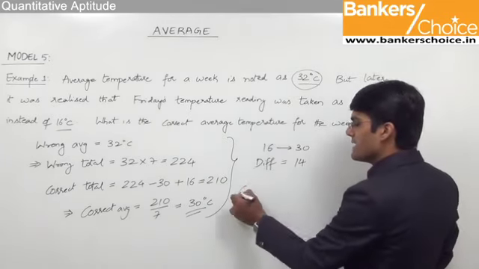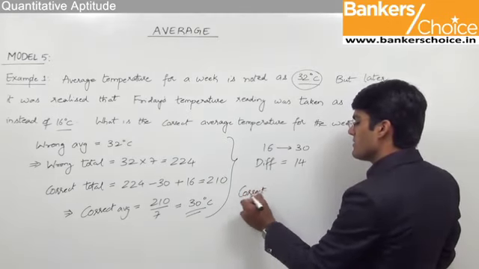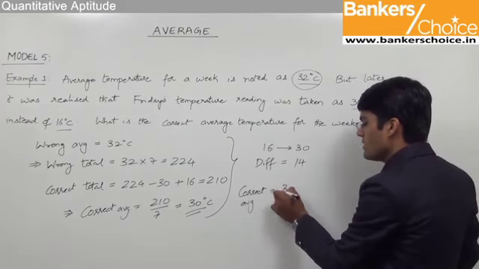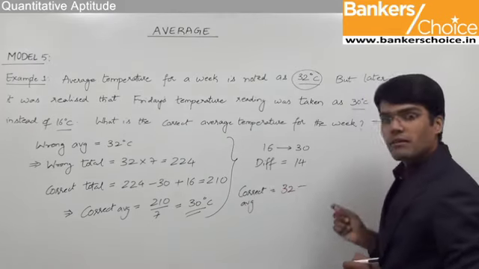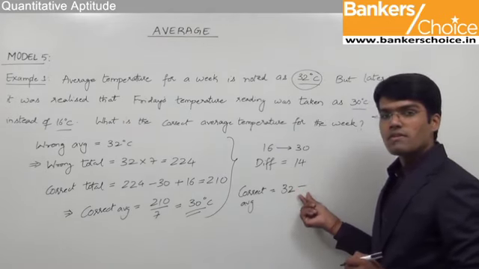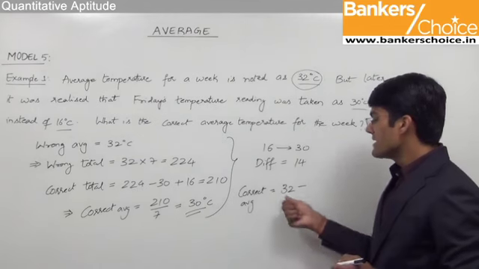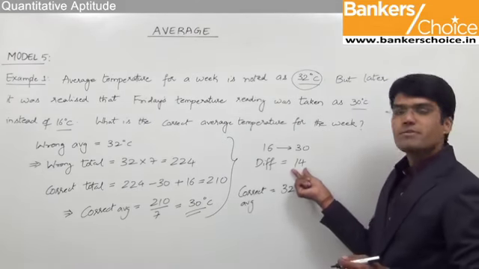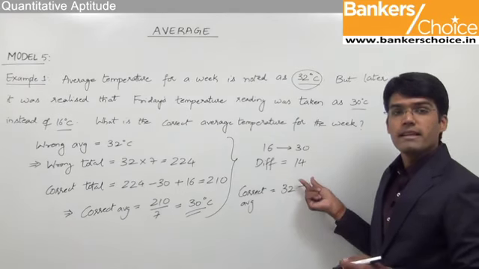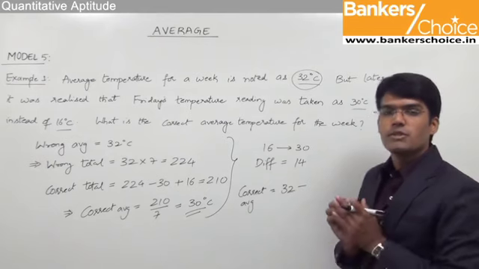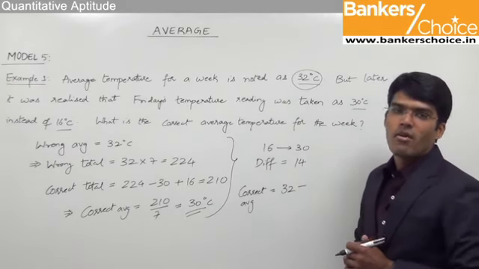So the correct average should be equal to the wrong average, that is 32 degrees, minus something. Why are we subtracting here? Because the correct average should be lesser than the wrong average. So 32 minus the difference. But we have discussed that whenever we add or subtract something, it should be equally divided among all the elements.